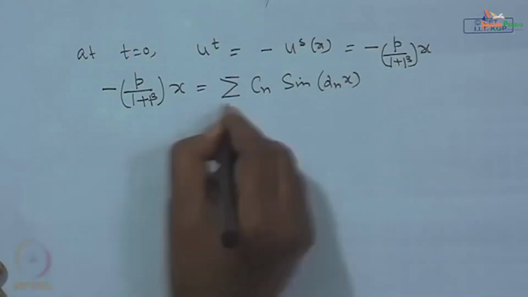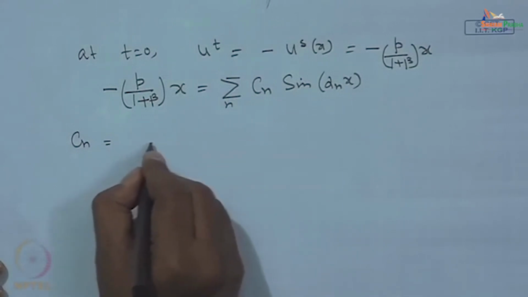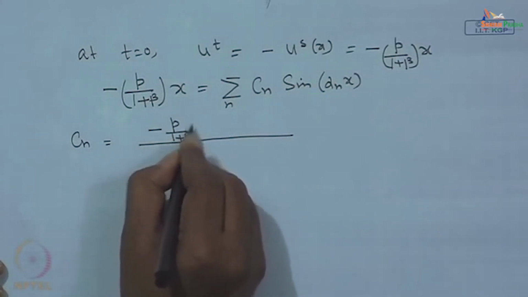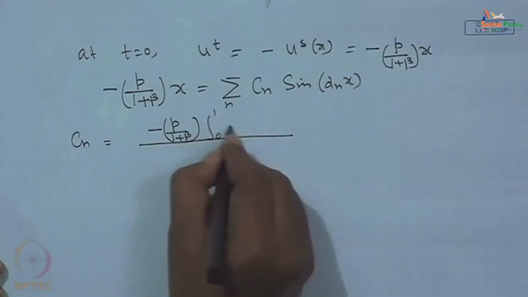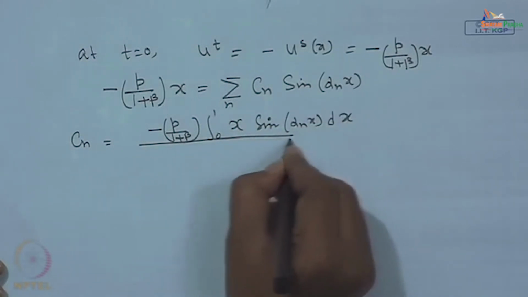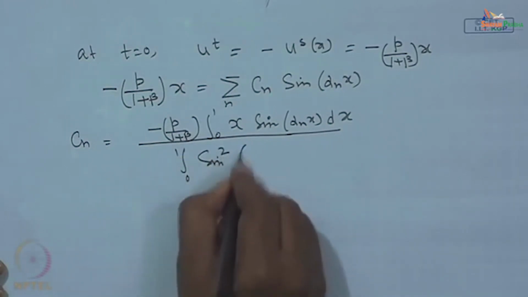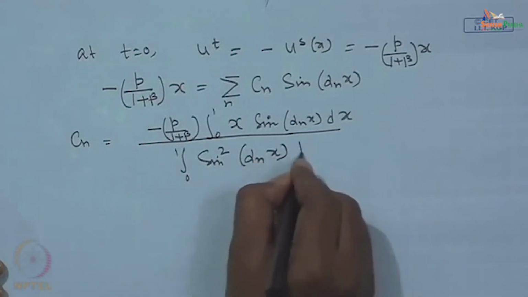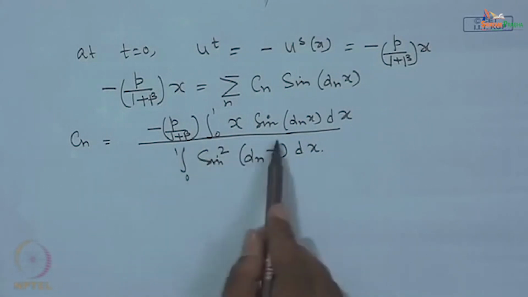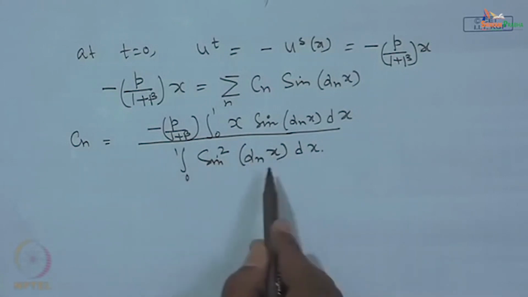So, we can evaluate the value of C n as minus p into 1 plus beta, integral 0 to 1 x sin alpha n x dx, divided by integral 0 to 1 sin square alpha n x dx. So, we know how to solve this equation. We have taken care of this equation earlier, and I am not going to rewrite it once again.